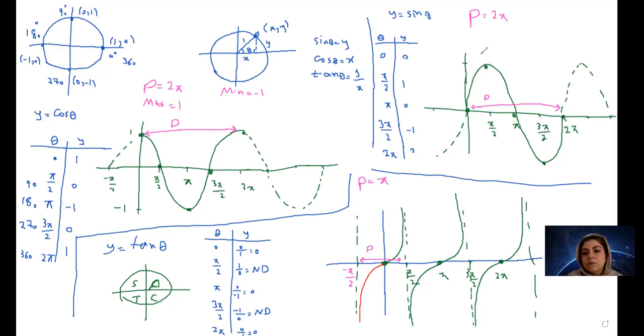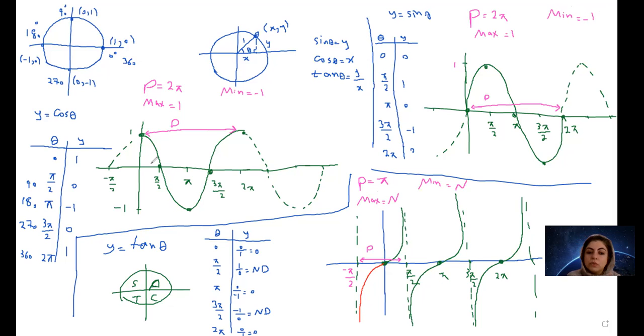Same thing here: the maximum is 1, the minimum is -1. Here we don't have any maximum or minimum because this will go up forever and this goes down forever. So the maximum we don't have, and the minimum we don't have, because it's going down forever.